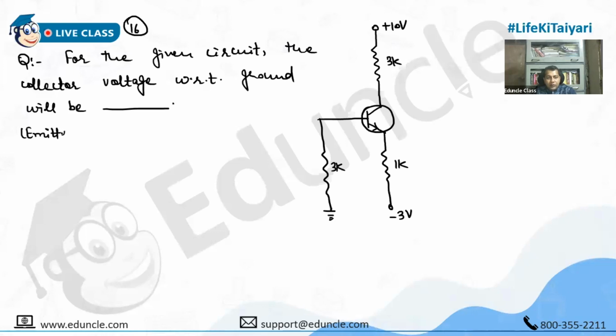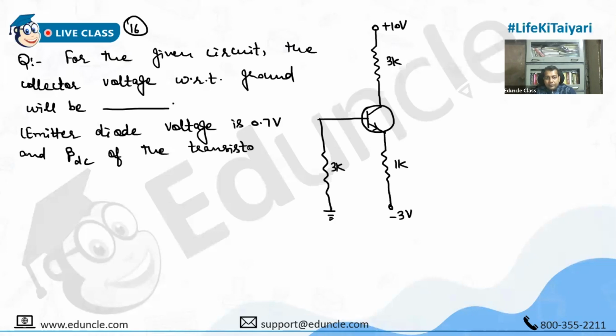Emitter diode voltage is 0.7 volt, and beta is large. So you have to give your answer up to 1 decimal point.